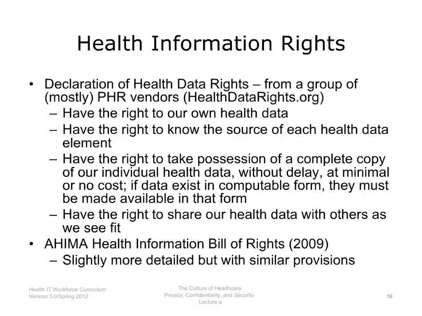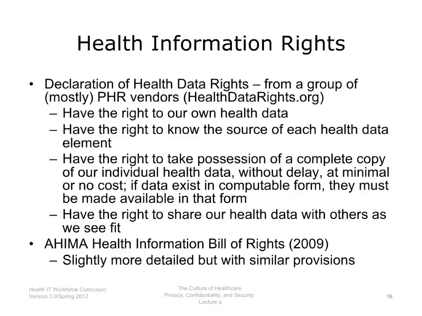A number of organizations have tried to define health information rights. One example is the Declaration of Health Data Rights, which comes from a group of mostly personal health record (PHR) vendors, accessible at healthdatarights.org. This group advocates that individuals should all have the right to own their own health data. They should also have the right to know the source of each health data element.